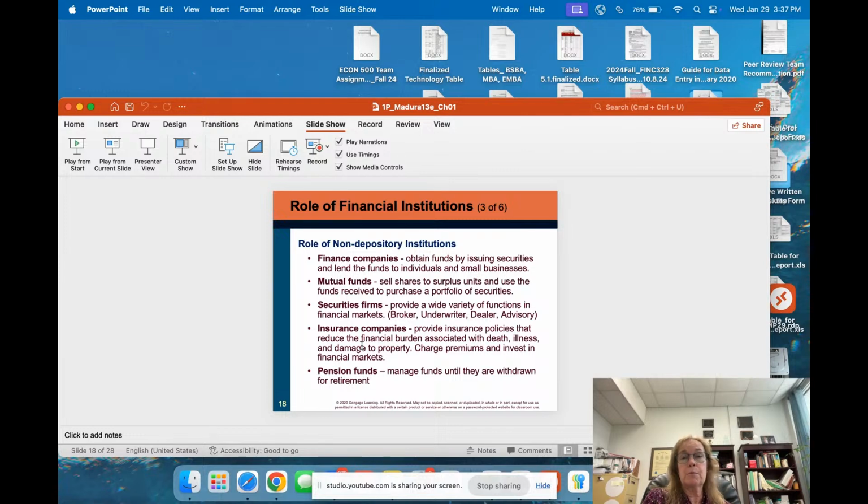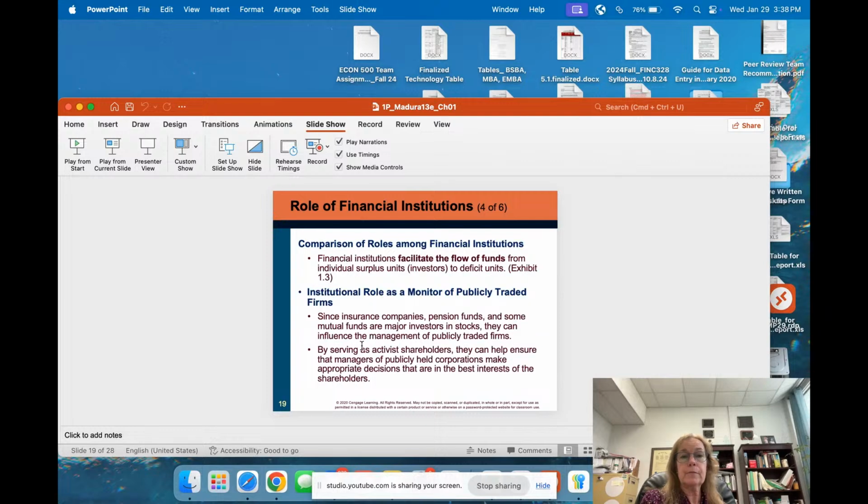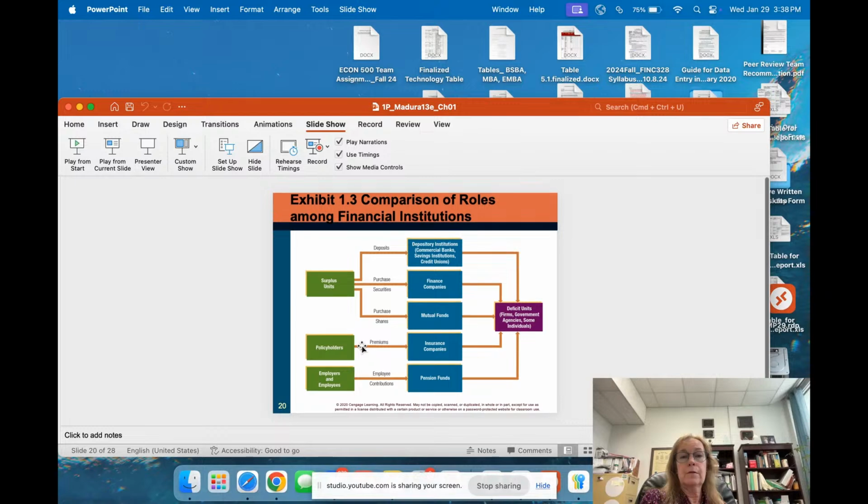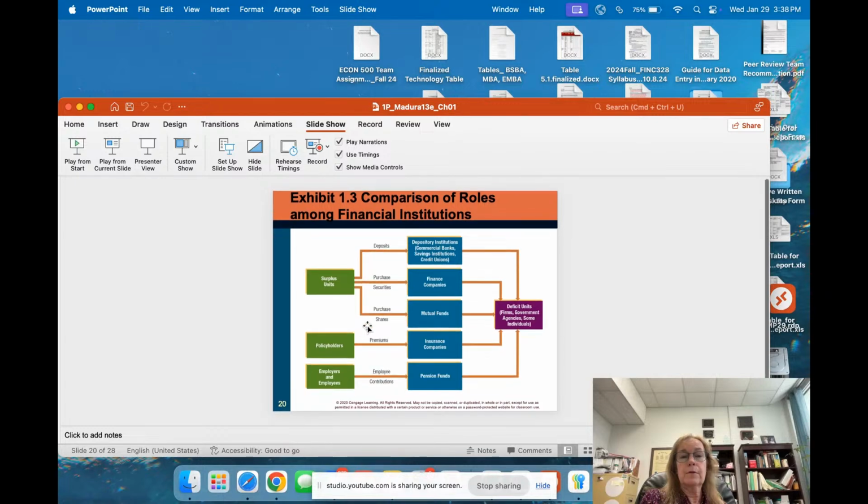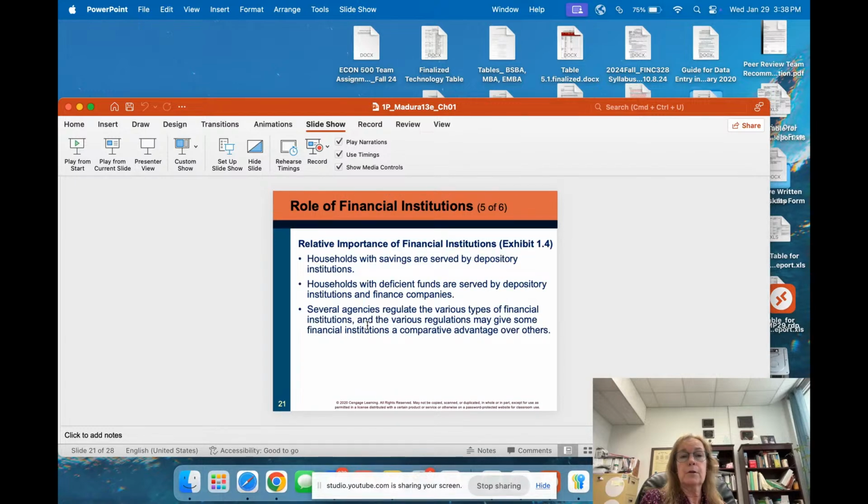Insurance companies get all these premium dollars, and some of it they'll have to pay out, but in the meantime, they have to invest it. And pension funds too have all this money that they're investing while people are working, and before they pay out the pensions. And I think that's about it.